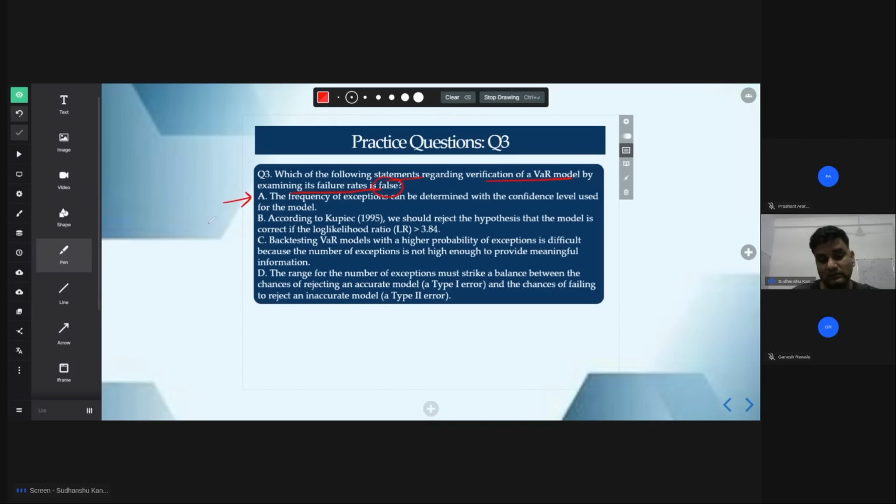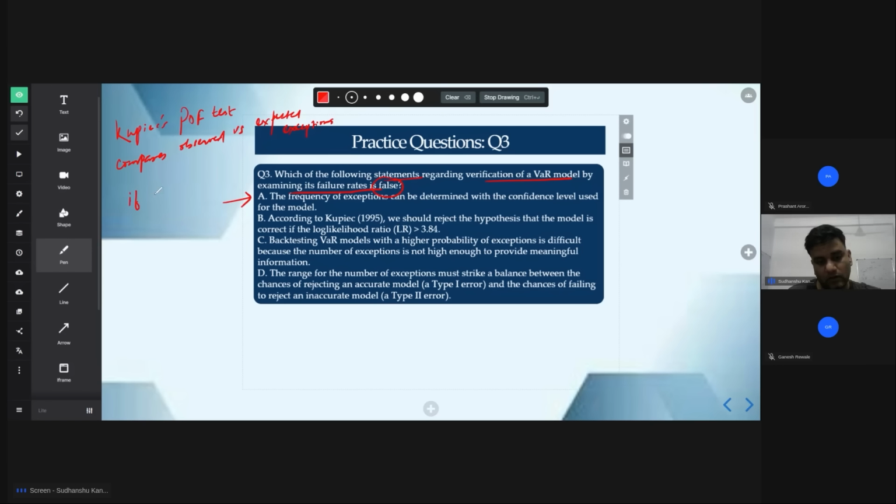See, we haven't studied Kupiec's proportion of failure, which is the POF test, but just want to add here that your proportion of failure test, the log likelihood, compares your observed versus your expected exceptions.